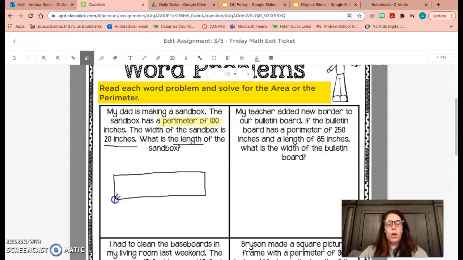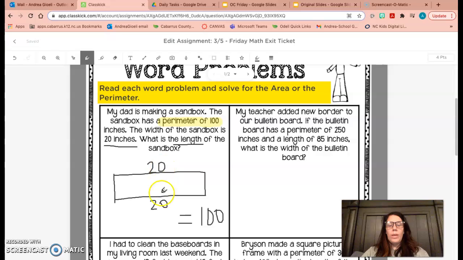So I'm going to draw my rectangle, and I know that my total is 100, right? But it's got 4 sides here. So then I know my width is 20, right? So if this side is 20, then this side has to be 20. Everybody with me so far?